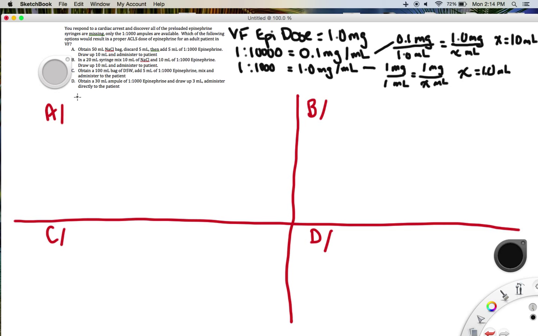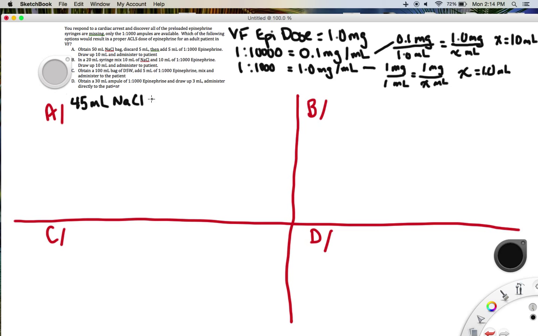Option A, we've got 50 mils of saline, and I discard 5. So let's just actually erase that. All right, so I got 50 mils of saline. And the option here says we discard 5. So what are we left with? 45 mils of saline.